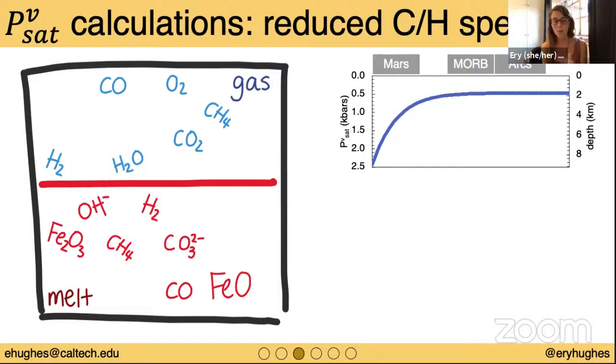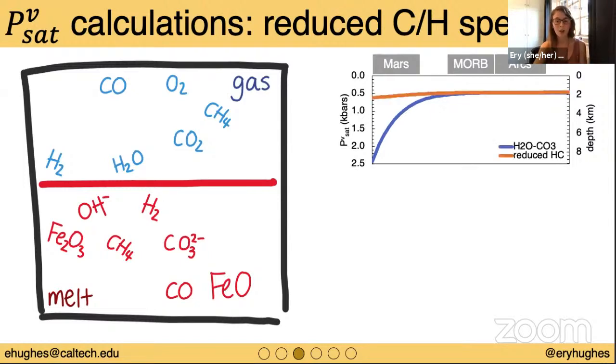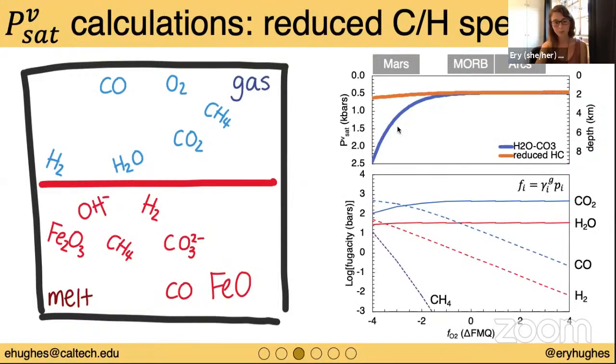But we know that at more reducing conditions, the dissolved volatiles aren't just hydroxyl and carbonate, they're also hydrogen, methane, and carbon monoxide. So we can include those in our calculations, and that's what's shown in this orange line here. And now we see that the calculated pressure of saturation still increases as we lower the oxygen fugacity, but it's a lot less than the effect of when we didn't include these reduced species.